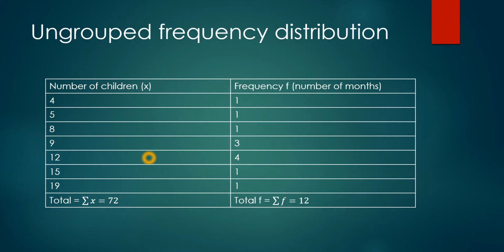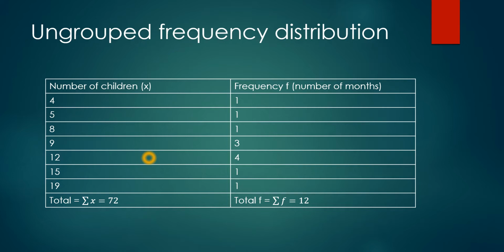Once we have discrete values in our data, we say it's ungrouped data, and this type of ungrouped frequency distribution is appropriate when we have a small amount of data, like 15 values up to 20 values. If you have more than that, we will see how to deal with it when we reach grouped frequency distribution.